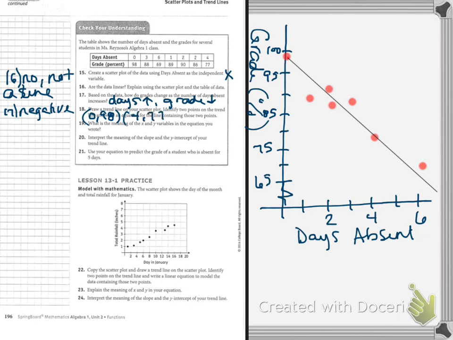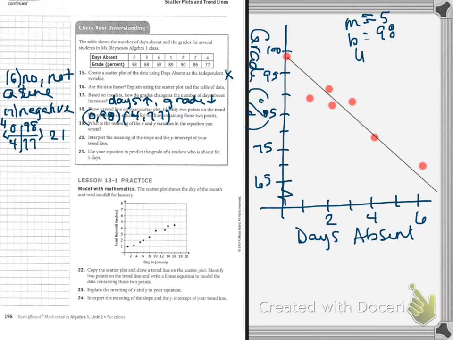Now, it wants us to write the equation. We can write the equation for this because we can use point slope form. So I could find my slope, 0, 98, and 4, 77. So negative 21 over 4. Oh, that is such an ugly number. We're just going to estimate because it's an estimate line. So we're going to say slope is about 5 and my y-intercept is 98.